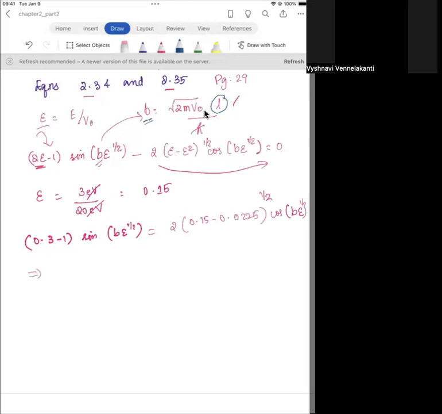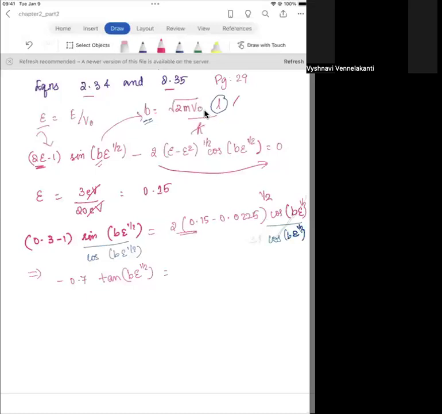So if I divide everything by the cosine term, I can cancel this, and this is going to be equal to 1. So we ignore that. And I can write this as negative 0.7 times tan of this is equal to whatever this value is.